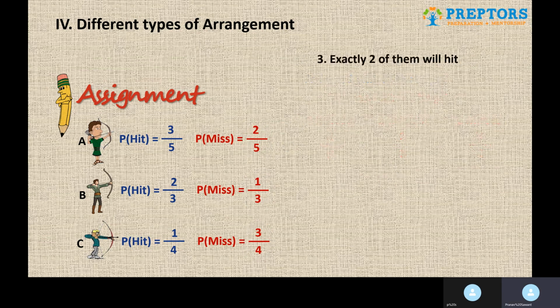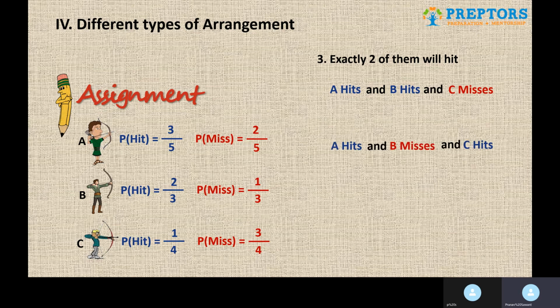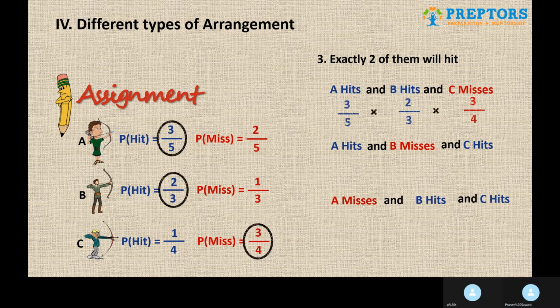Moving to the next question. Probability that exactly 2 of them will hit the target. So 2 of them will hit, that means there will be 3 possibilities. First possibility, A hits, B hits and C misses. Second possibility, A hits, B misses, C hits. Third possibility, A misses, B hits, C hits.